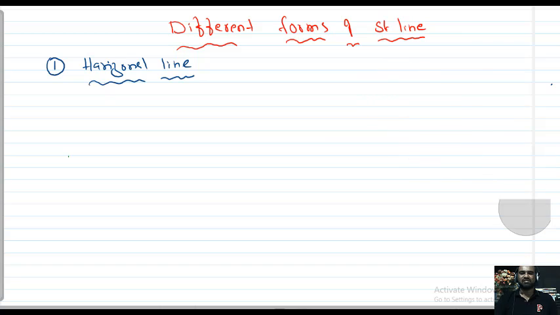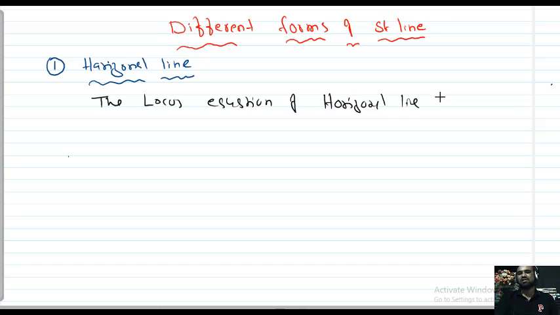Conclusion I will write here. The locus equation of a horizontal line should be y equal to k. Number 1, if k is greater than 0, the line is above the x axis.